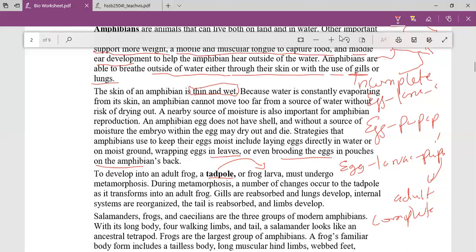For instance, for a species that goes through the 4 stages of metamorphosis, is it possible for it to go through only 2 stages? No way. Or 3 stages?